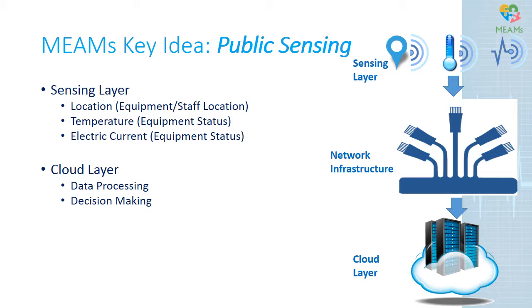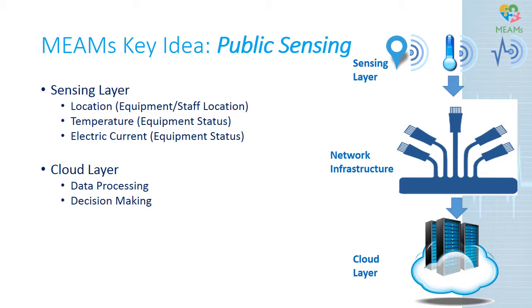Before I go into the idea of public sensing, we start from the sensing layer. What do we have in the sensing layer? We have sensors that are able to sense location, sense temperature of equipment, and sense electrical current of equipment. The location sensing is how you localize equipment or medical staff.